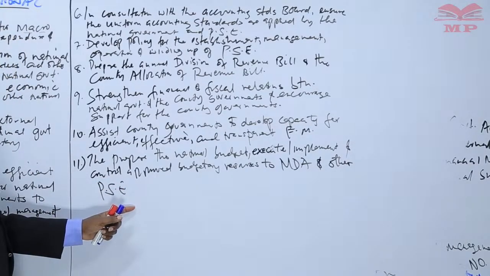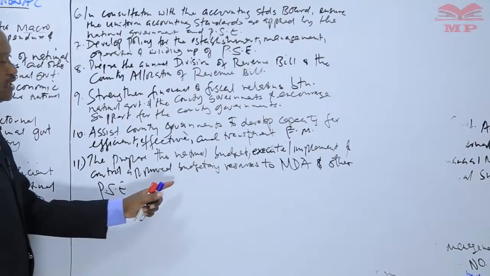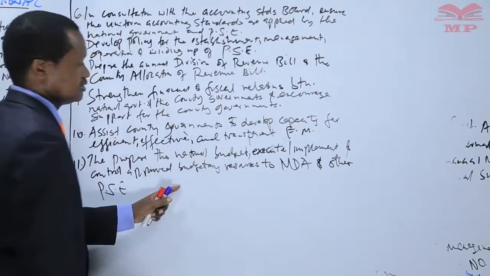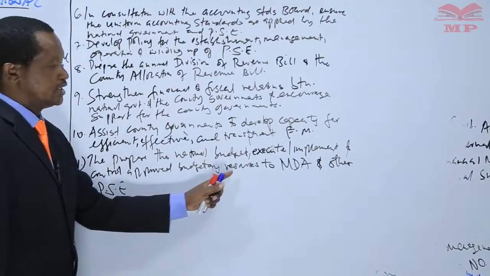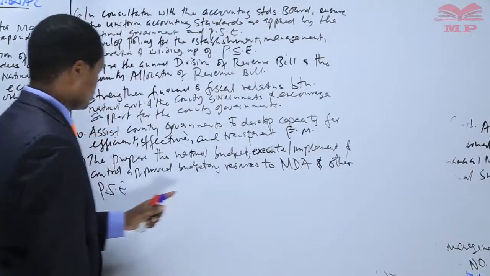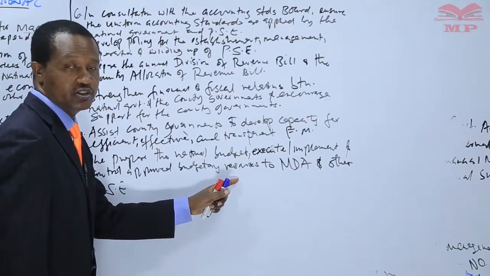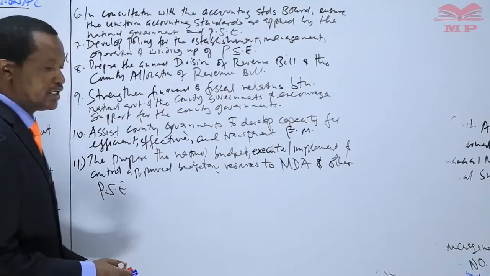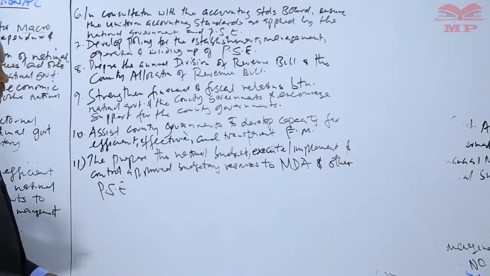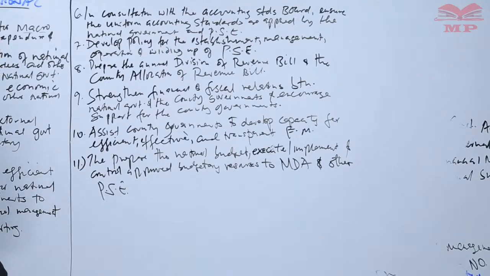It's the work of the National Treasury to prepare the national budget, execute, implement, and control approved budgetary resources to the ministries, departments, and agencies, and other public sector entities.